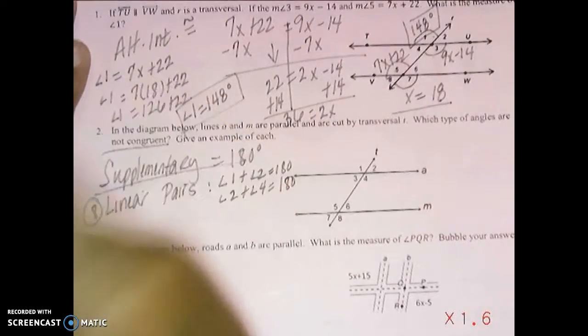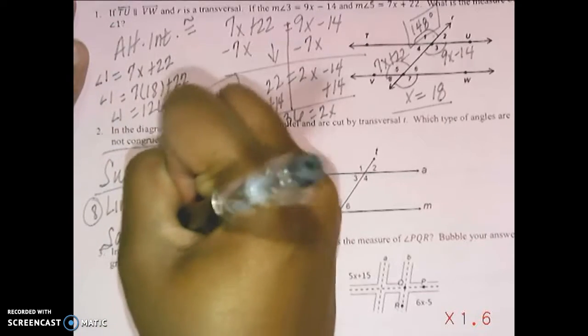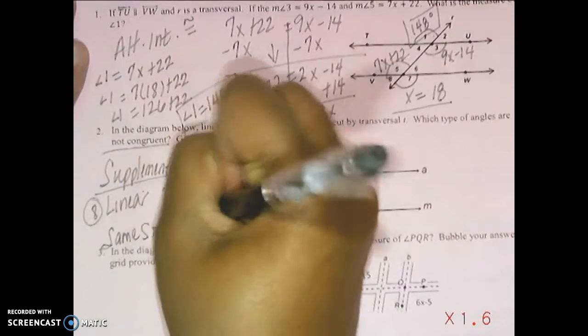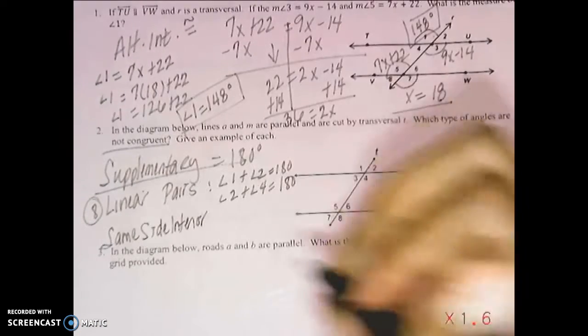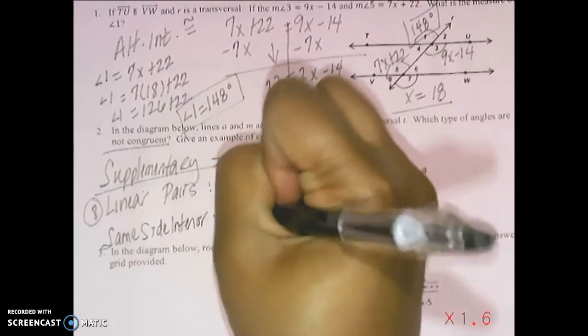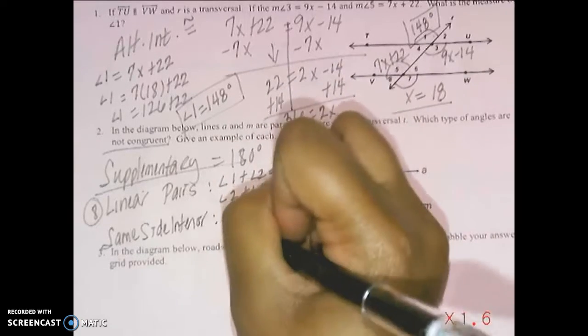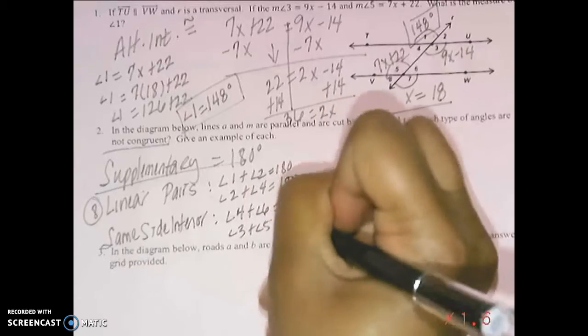The other one would be our same side interior angles, which are 4 and 6 and 3 and 5. Angle 4 and angle 6 equals 180. Angle 3 and angle 5 equals 180.